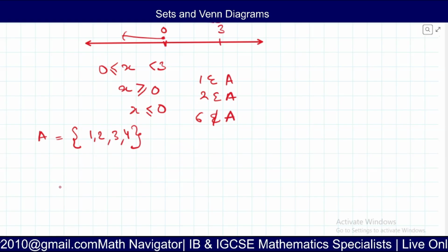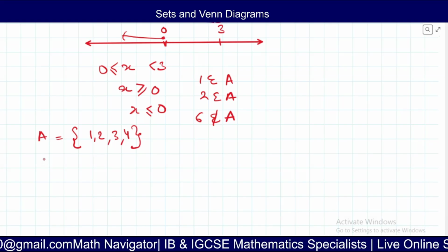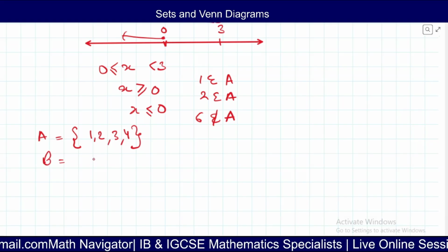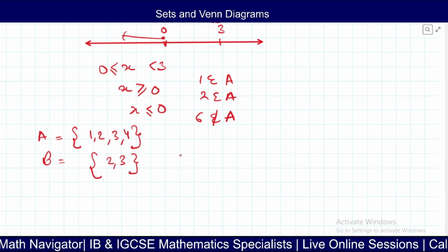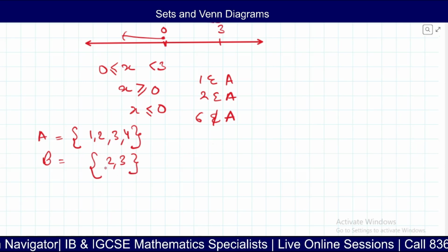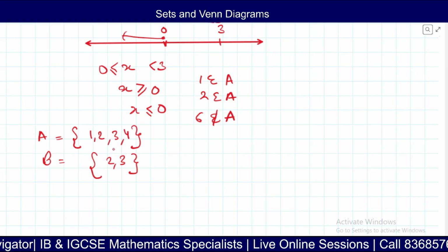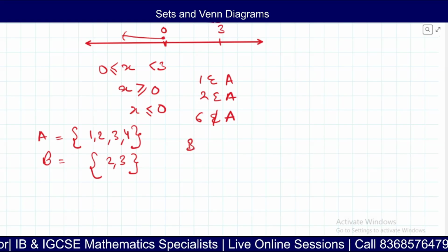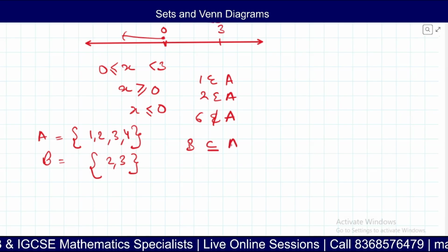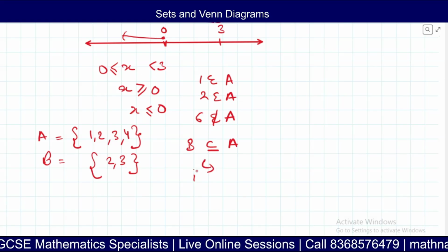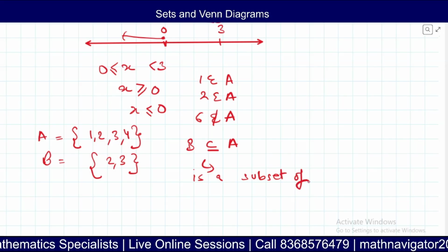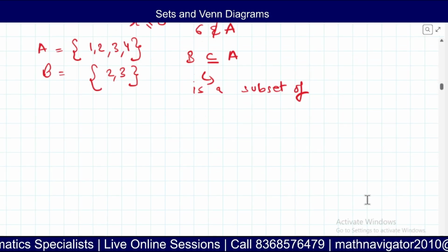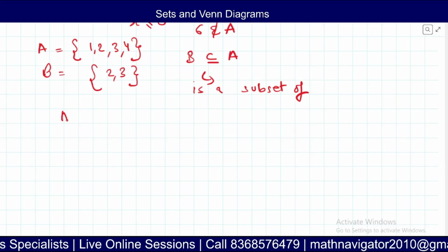Then let's talk about another set B. I say B is equal to 2, 3. So see, all the elements present in B are also present in A, right? So I'll say B is a subset of A. This is read as "is a subset of".